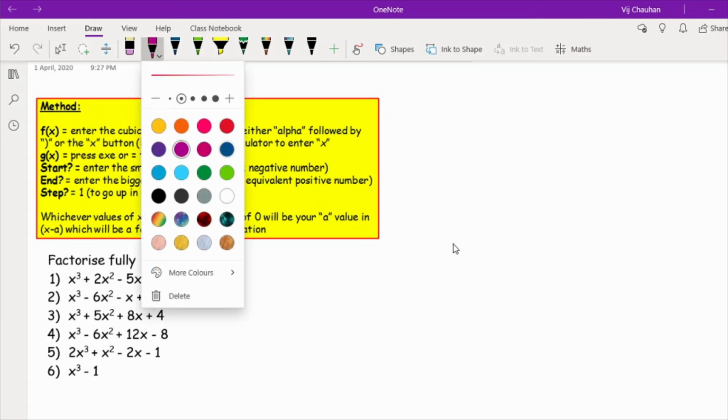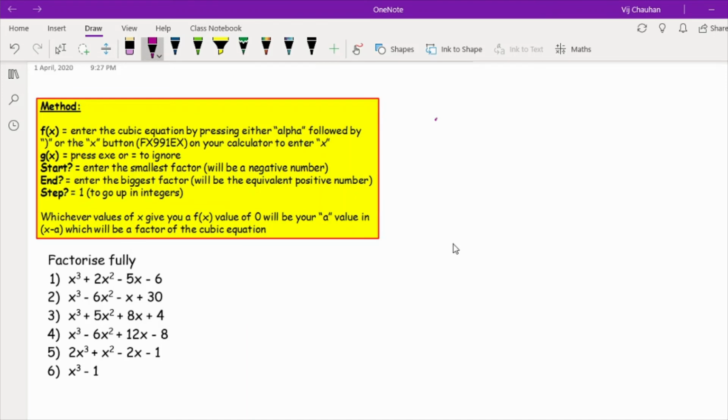So for number 3, I've got f of minus 1 and f of minus 2 equals 0. So what I've got is x plus 1, x plus 2, and I'm thinking, where is the third going to be? Now, as we've talked about, the cubic equation can intercept at a maximum of either once, twice, or 3 points. That's how many brackets you're going to have.